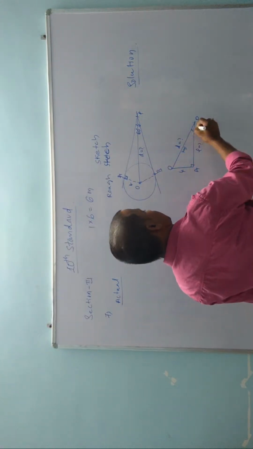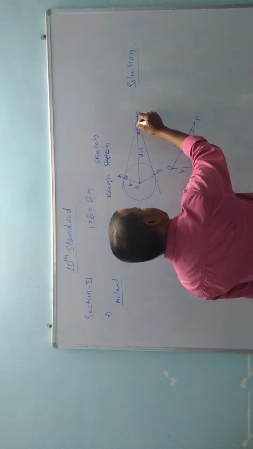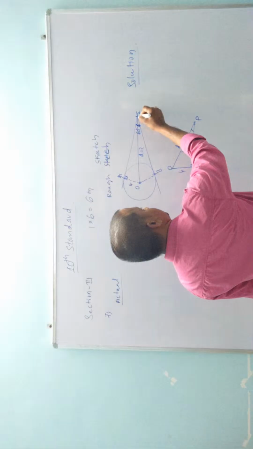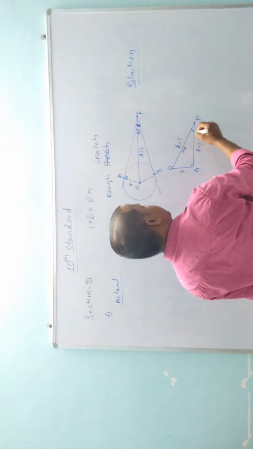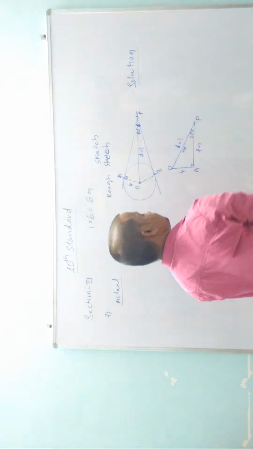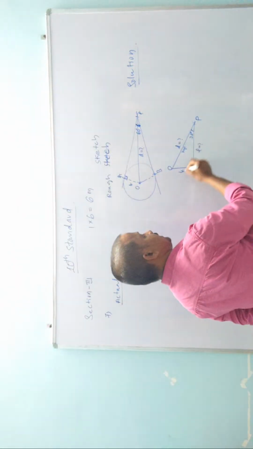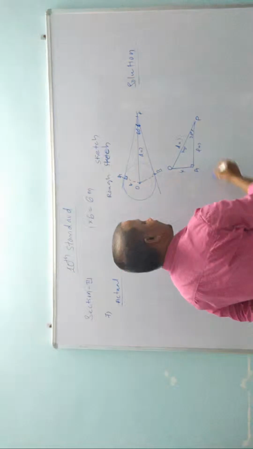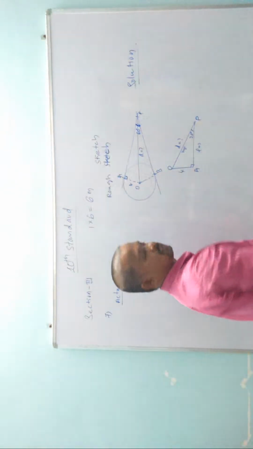The angle between the two tangents is 60 degrees, so it will bisect as 30 and 30. Here we get 30 degrees. Taking the sine ratio, opposite by hypotenuse, OA by OP is sine theta.